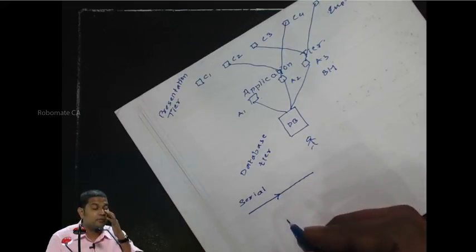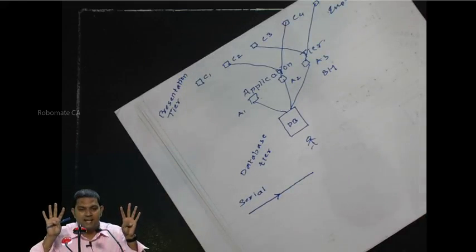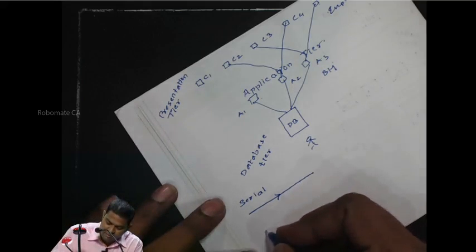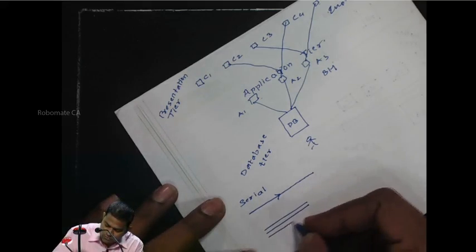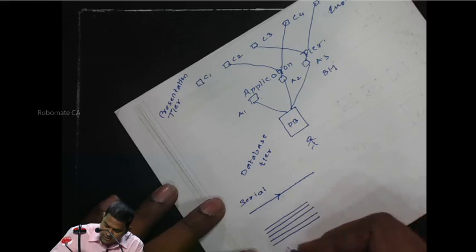In a parallel transmission, you will be able to transmit 8 bits at a time. That means it will have 8 channels: 1, 2, 3, 4, 5, 6, 7, 8.